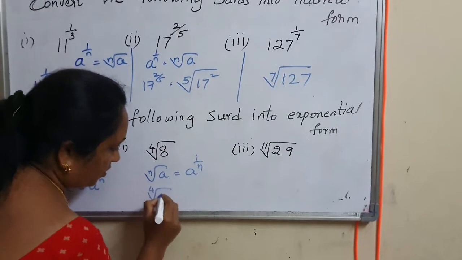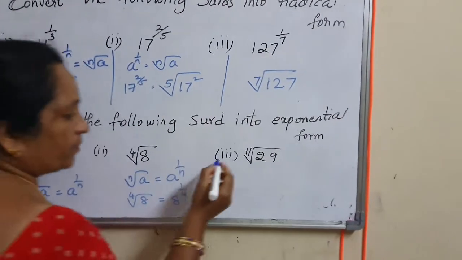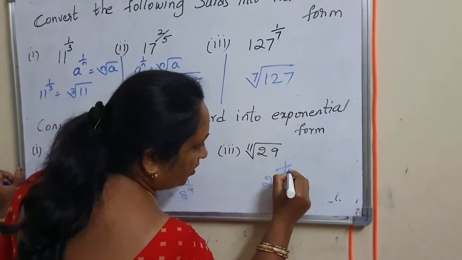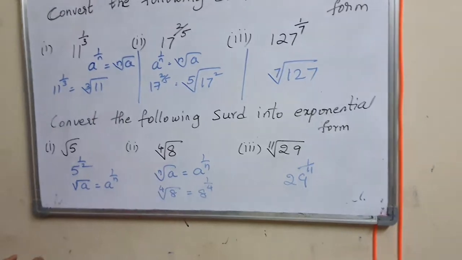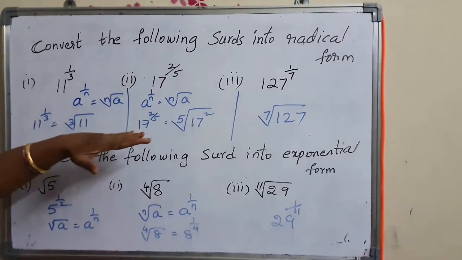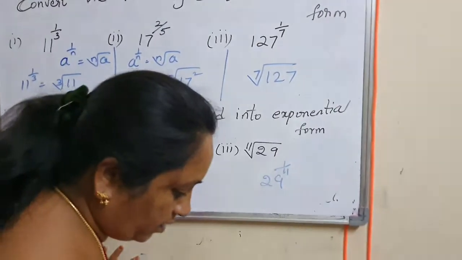So the fourth root of 8 is equal to 8 to the power 1 by 4. Similarly, this is 29 to the power of 1 by 11. So here we have converted radical form into exponential form and exponential form to radical form.